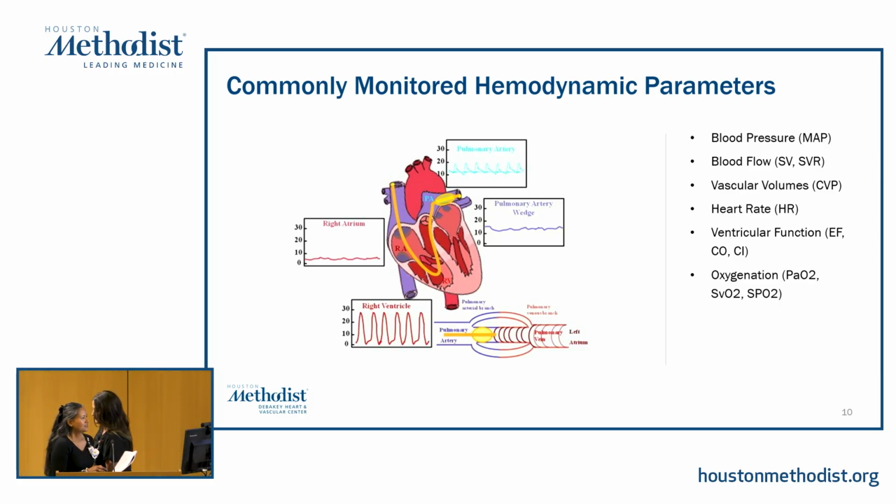Okay. Some commonly monitored hemodynamic parameters. So basic stuff that we see all the time on our monitors: blood pressure, the MAP, blood flow, like your stroke volume, and systemic vascular resistance. Vascular volume is measured by your CVP, your heart rate, your ventricular function, so your ejection fraction, cardiac output, cardiac index, and then your oxygenation, your PaO2, SvO2, and your SpO2.